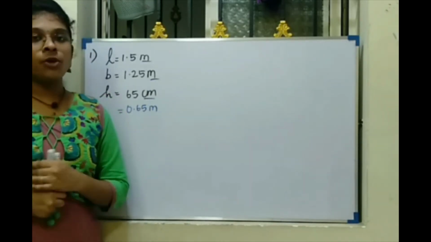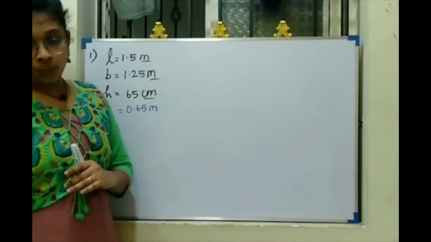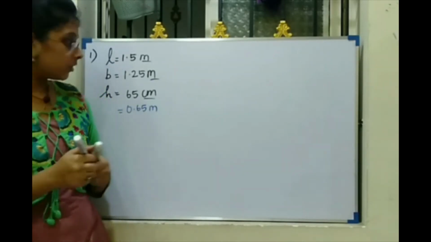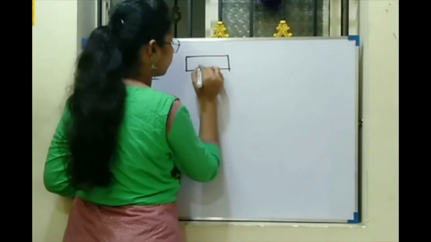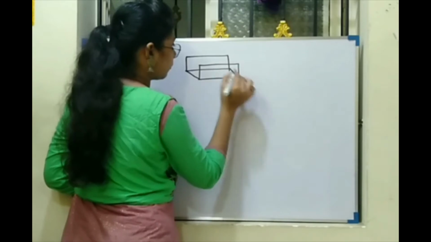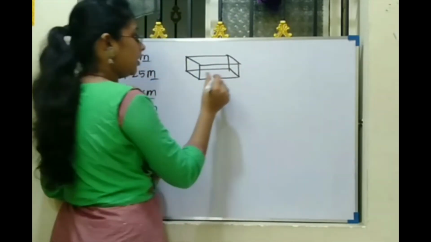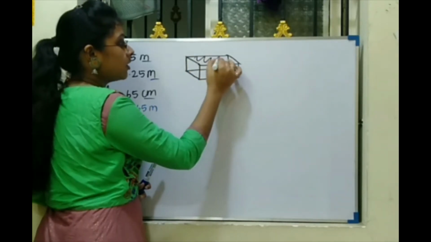Now, what is the formula for surface area of cuboid if it is open at the top? Right? That means if this is your plastic box, your top has been opened, so there is no top.